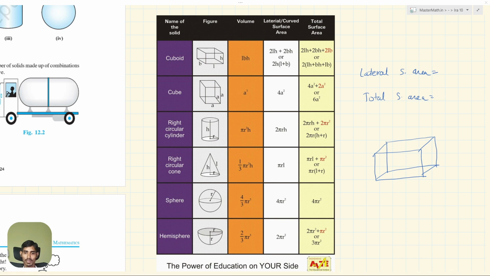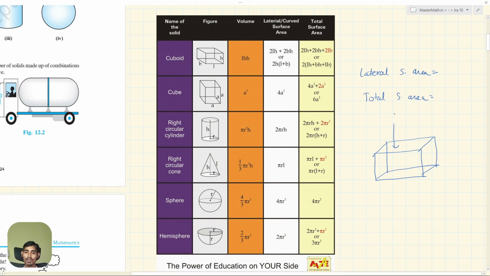Six. And how many lateral sides? Lateral side. Six. Sideways. On the sides? Only two. This is not sideways. This also on sides, right?